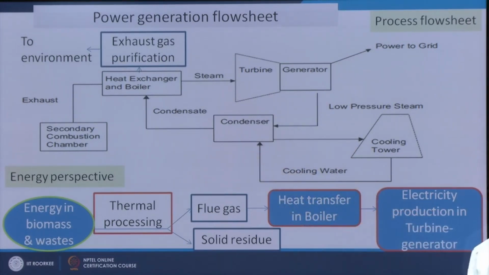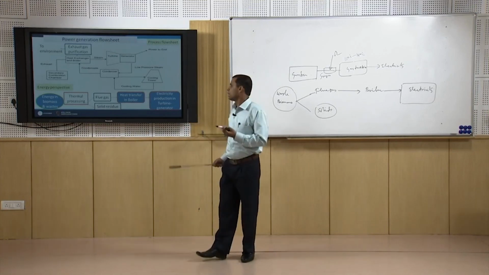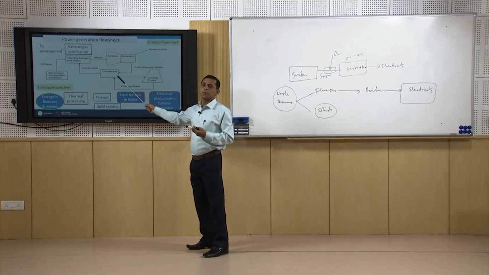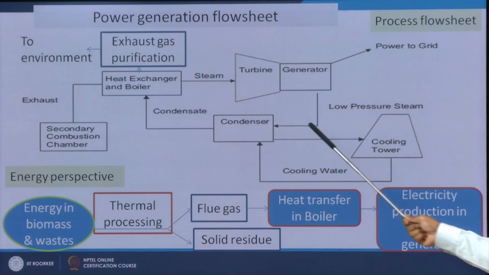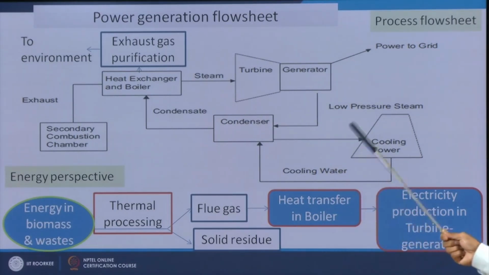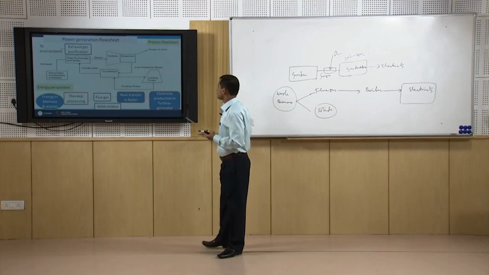In the condenser, what type of fluid we are using, whether air or water, will also influence the overall performance of the process. Here, whether the heat available at the outlet of the turbine is used for heat recovery or not will also influence the overall performance of the process.